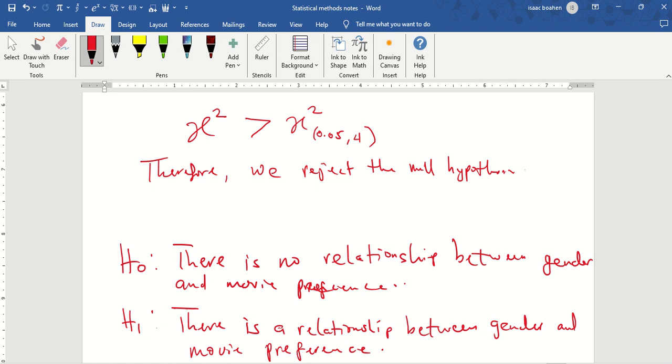We have to reject the null hypothesis. If the calculated one was less than the critical value, then we would fail to reject. But this time we have to reject.